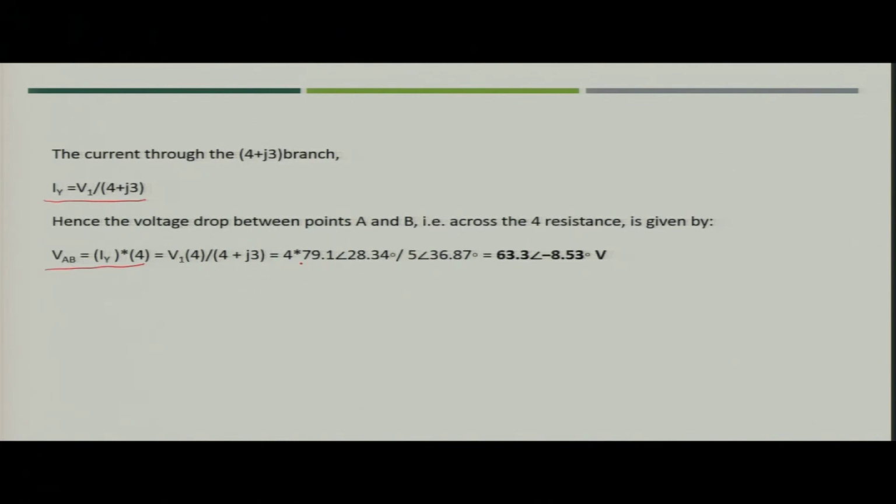V1 you have just found, that is 79.1 with angle 28.34 degree, then divided by 4 plus J3, that also you can convert into the phasor form, because it is easier to calculate, and when you simplify you will get the value of VAB as 63.3 with angle minus 8.53, because 28.34 minus 36.87 will give you minus 8.53 degree, volt, for the voltage at node A. So, this you can easily solve and find out the value.